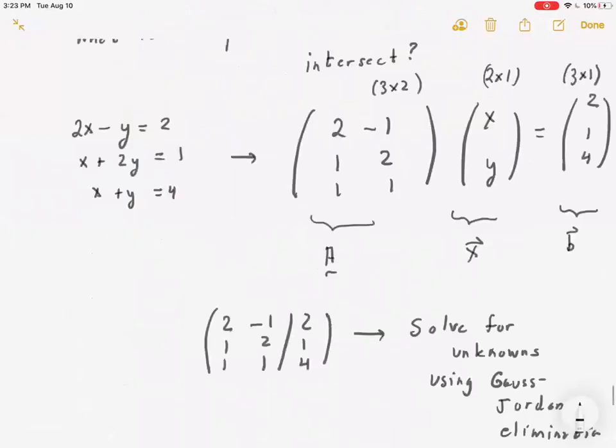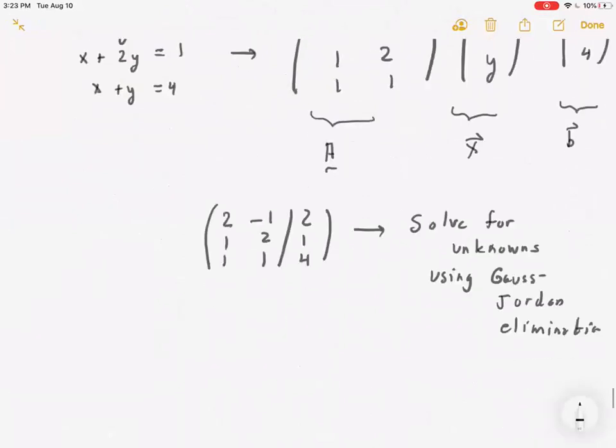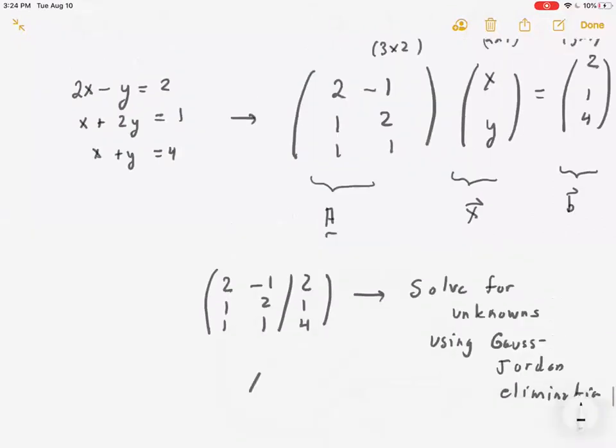And what you'll find is what you expect, that no solution will exist for this problem.